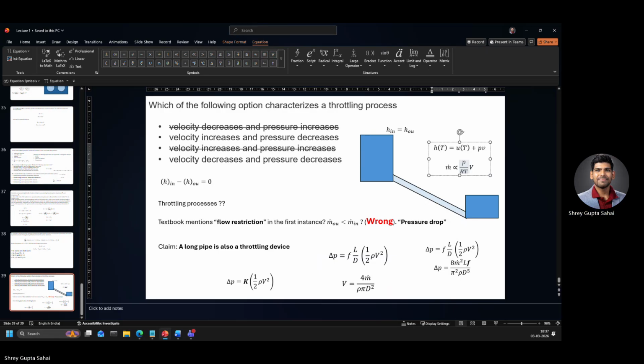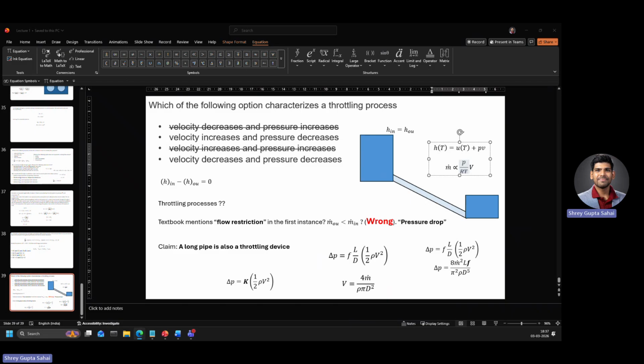If we get to know what happens with the density, then we can say whether velocity increases or decreases, right? Generally, we can't say velocity will increase or decrease. But what is the suggested answer here? Velocity increases. Let me think. What happens for a liquid density?